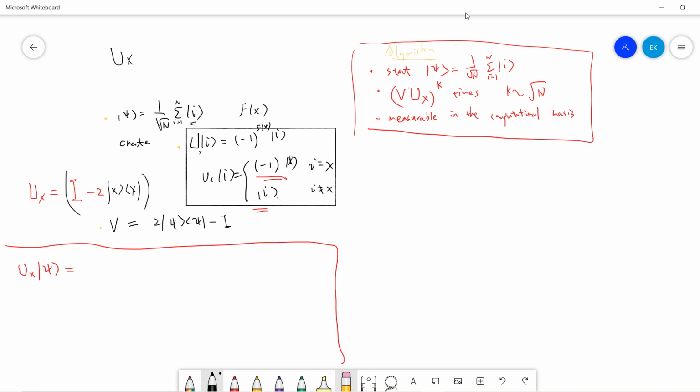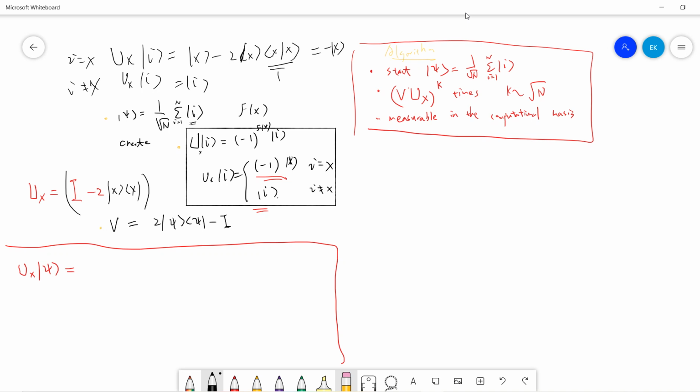So let's say Ux acting on |i⟩: if i is x, then you will get |x⟩ minus 2|x⟩⟨x|x⟩. This inner product turns 1, so we get minus |x⟩. And if i is not x, then this guy is 0, and you get |i⟩.